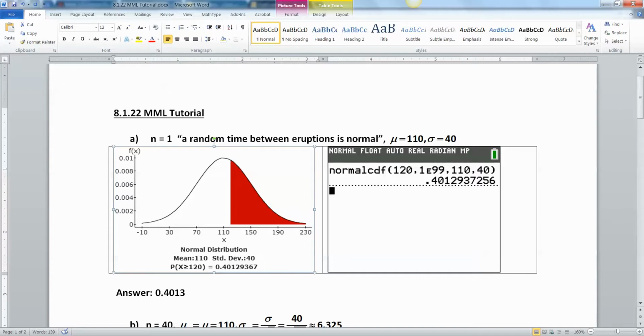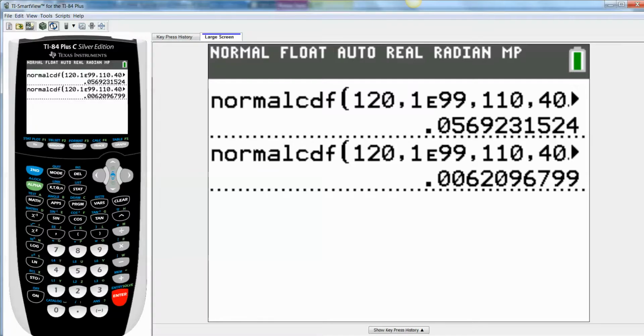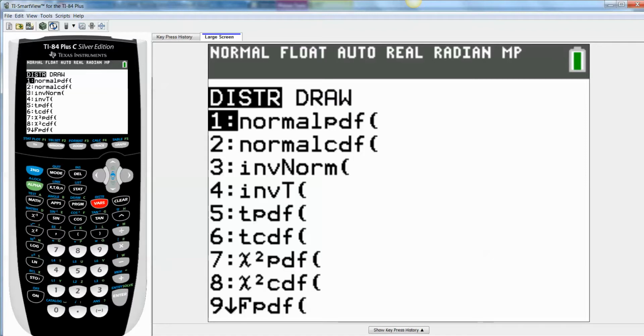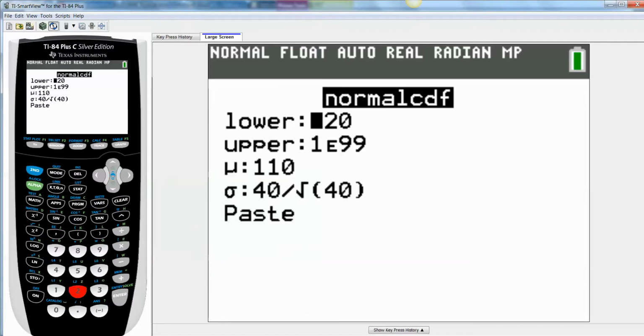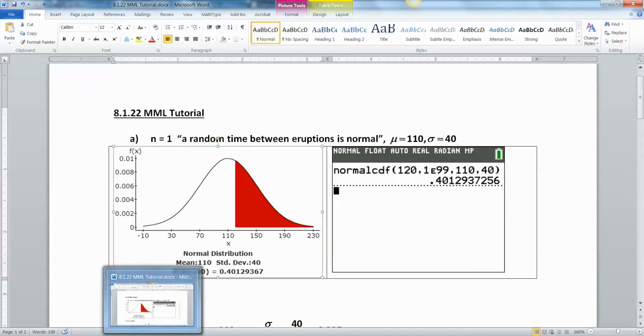Now, if I want to do that with a calculator, it's no big deal. So I would just grab my calculator. Sorry, I already did this. So second distribution, hit number 2 or go down and press enter. Either way it'll work. And you can see I have 120 because that's the left-hand edge of what we're shading.